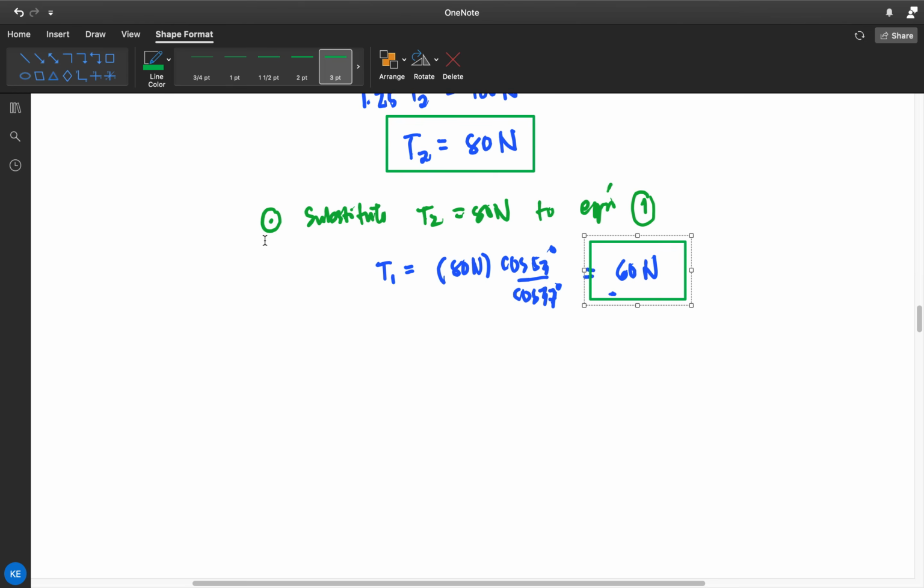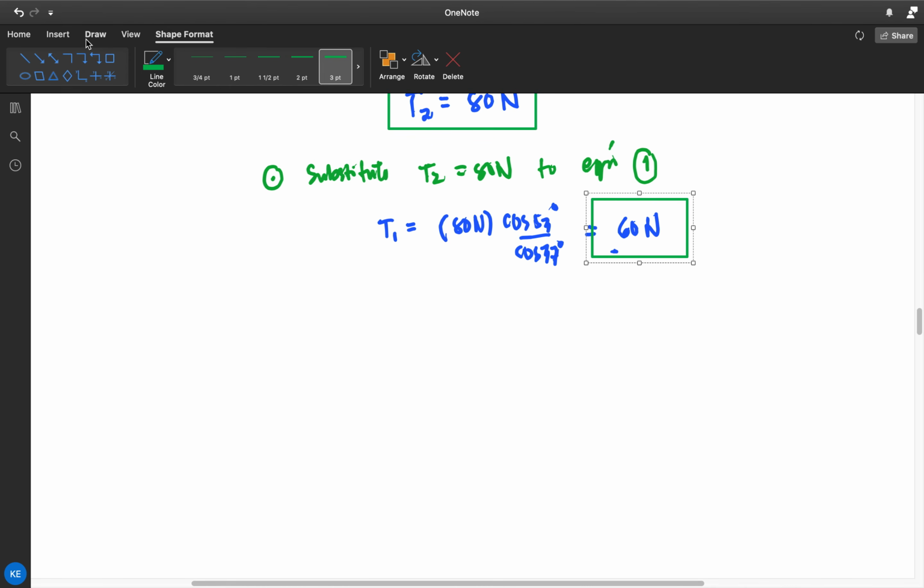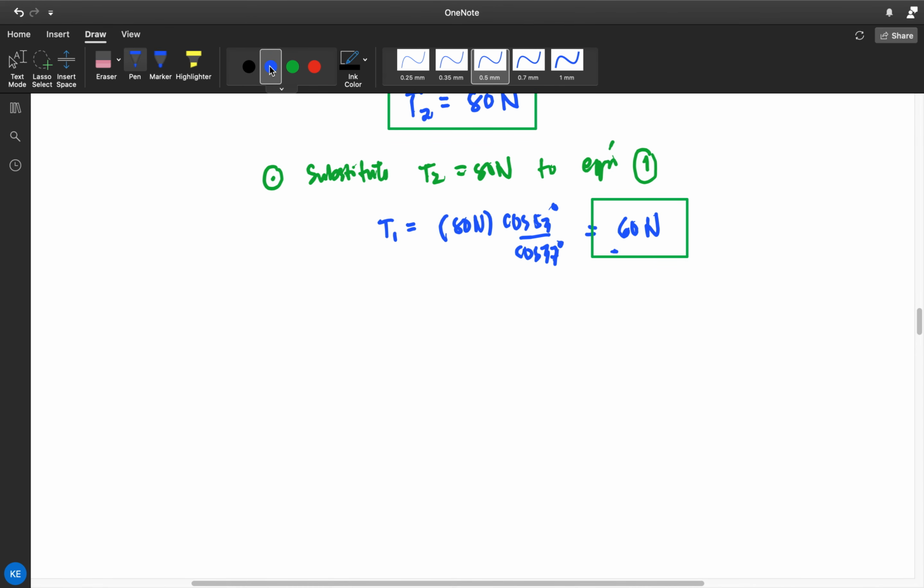Okay, so therefore, T1 is simply equal to 60 newtons, while your T2 is simply equal to 80 newtons, and T3 is equal to 100 newtons.